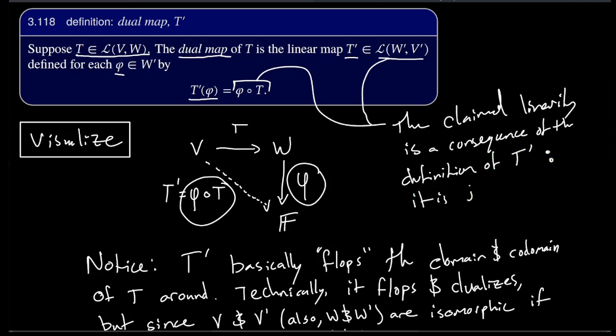It is just a composition of two linear maps. See, this is something in W prime, right? So it's a linear map from W to the field, and T is a linear map from V to W. You put them together, you should get another linear map, right?